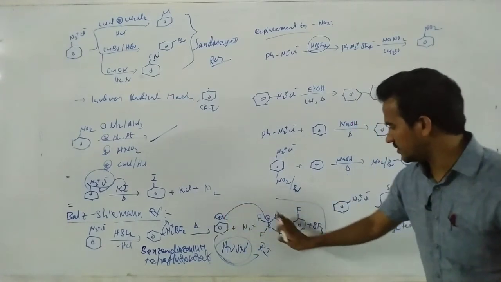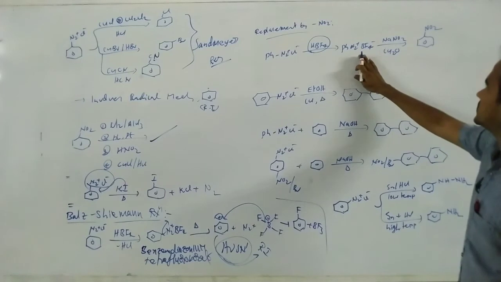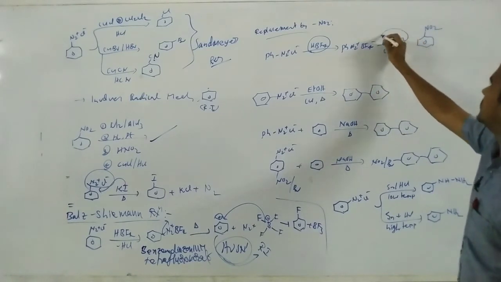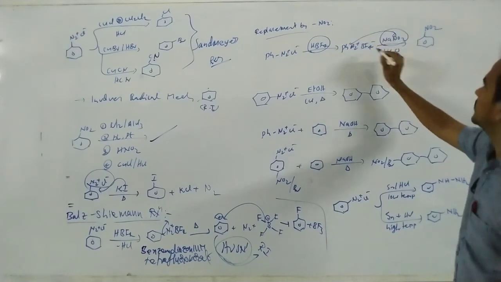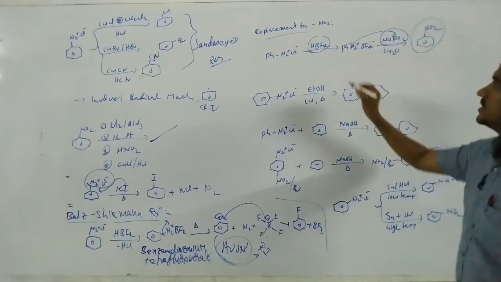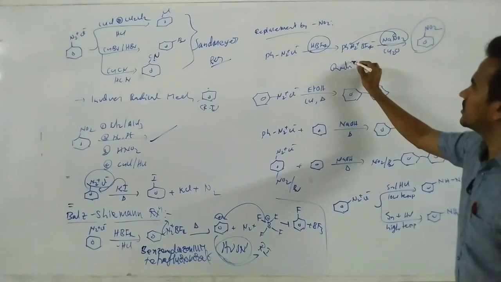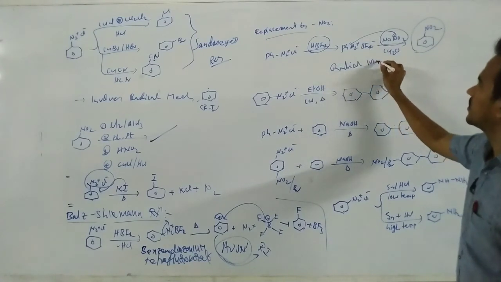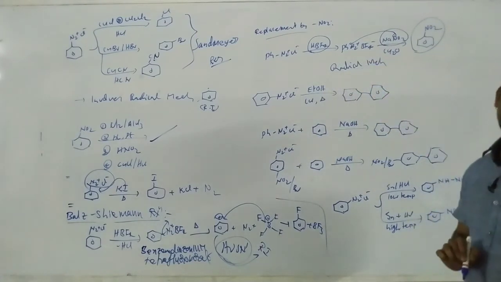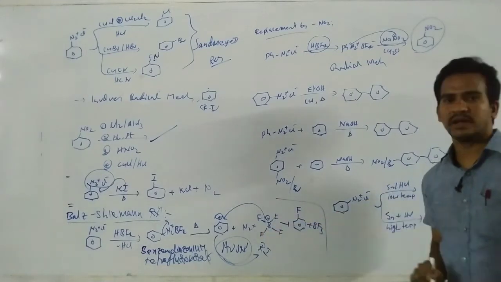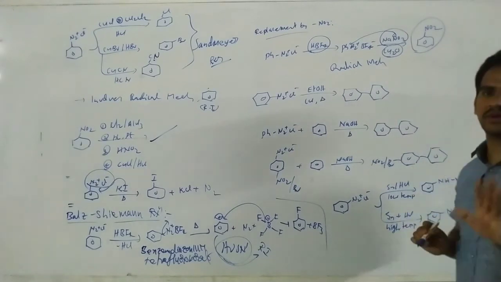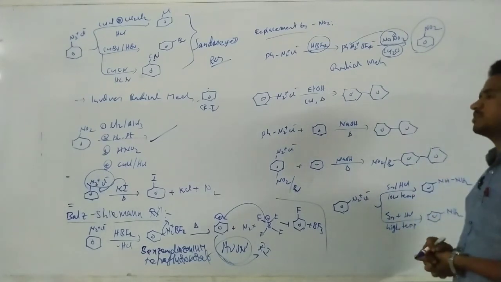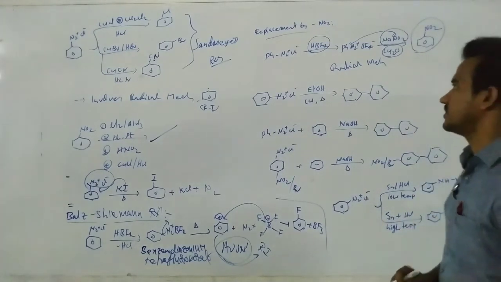Now here, this compound on heating in the presence of NaNO2 and copper, NO2 minus attacks on this one, so we'll get nitrobenzene. This one also follows the radical mechanism. In the other case, carbocation mechanism, but in this case, radical mechanism because of the copper. Okay? So that brings the radical mechanism.